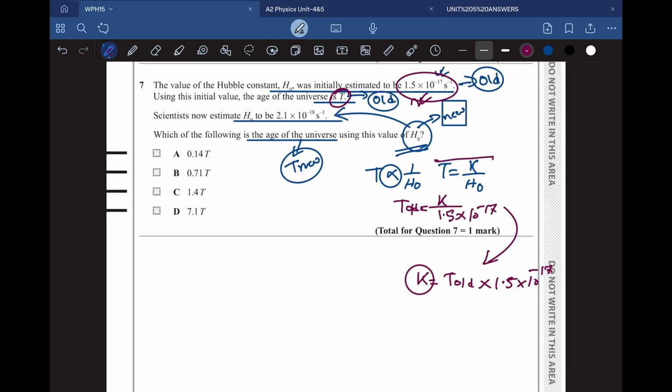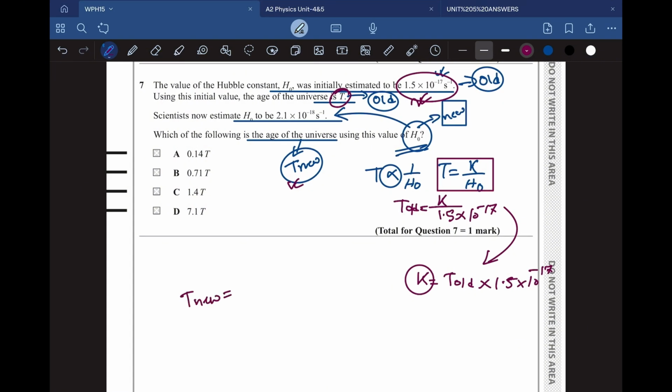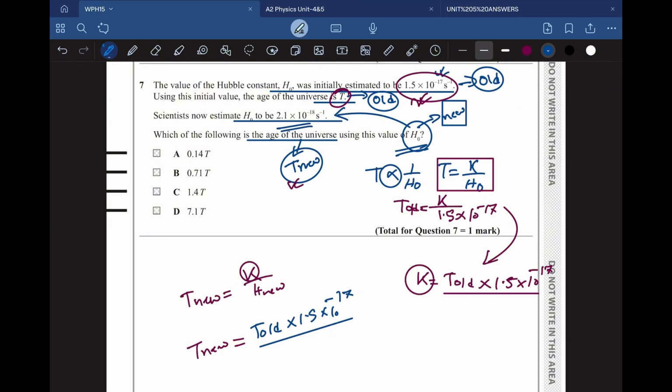Now let's derive this particular formula for T new. If we write T new is equal to K divided by H new, we know this K is going to be this one. So we can write T old into 1.5 into 10 to the power minus 17 divided by H new, and the H new is given as 2.1 into 10 to the power minus 18.